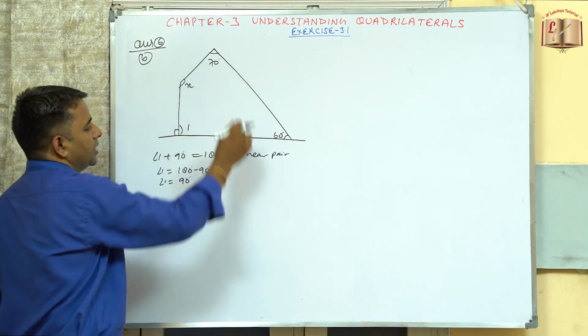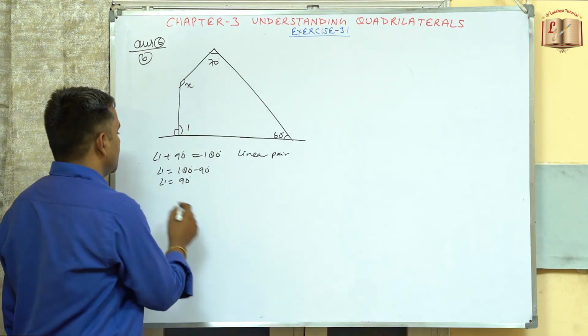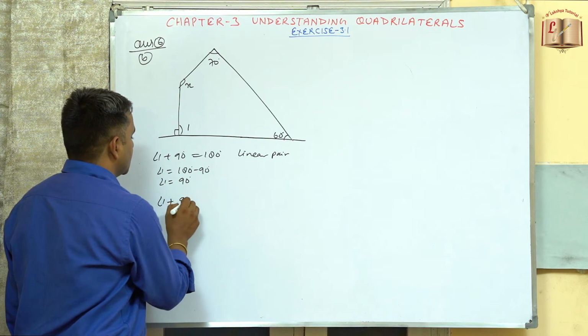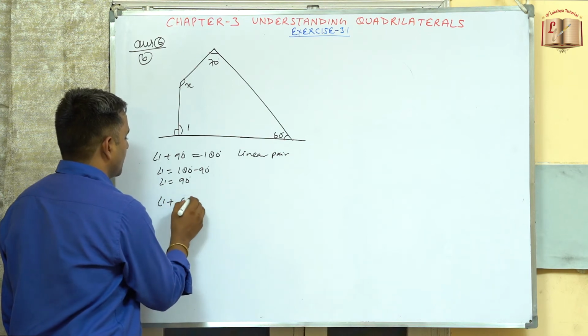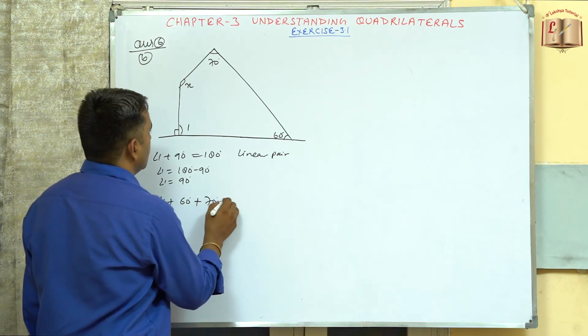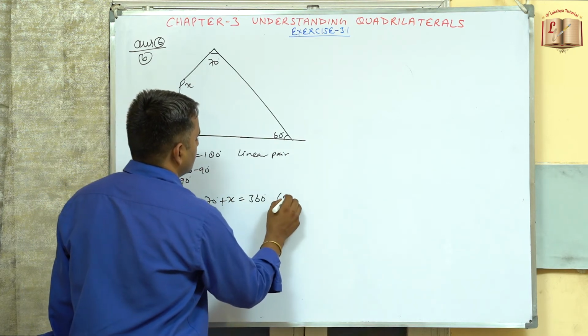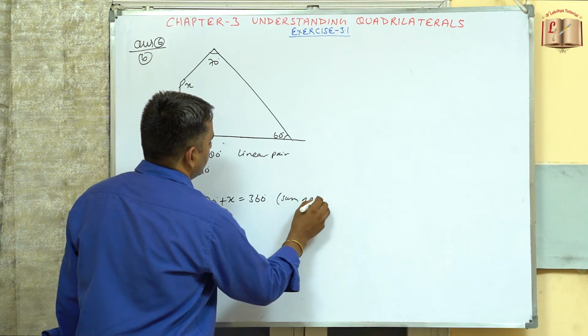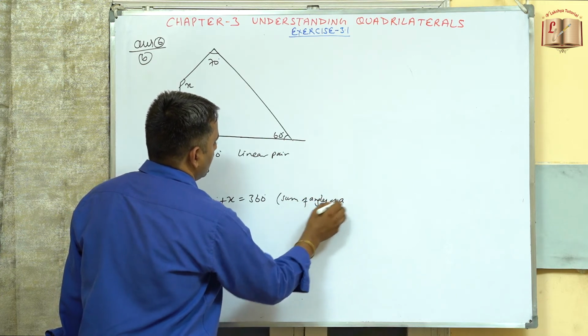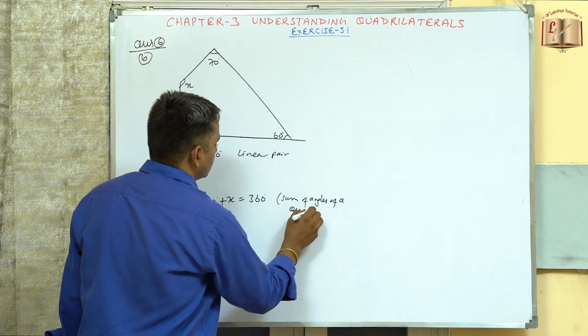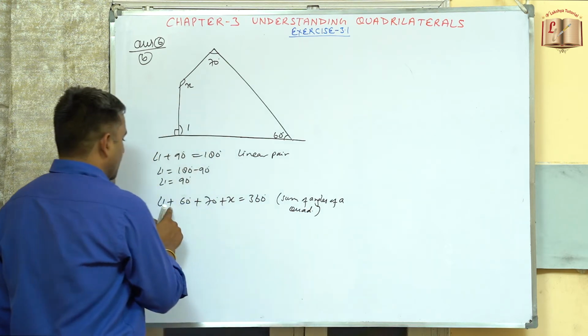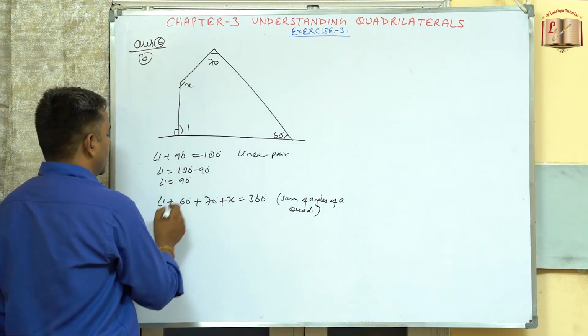Now in this quadrilateral, the sum of the angles will be 360 degrees. So angle 1 plus 60 degrees plus 70 degrees plus x equals 360 degrees. This is the sum of angles of a quadrilateral. So now we will add this. Angle 1 is 90 degrees.